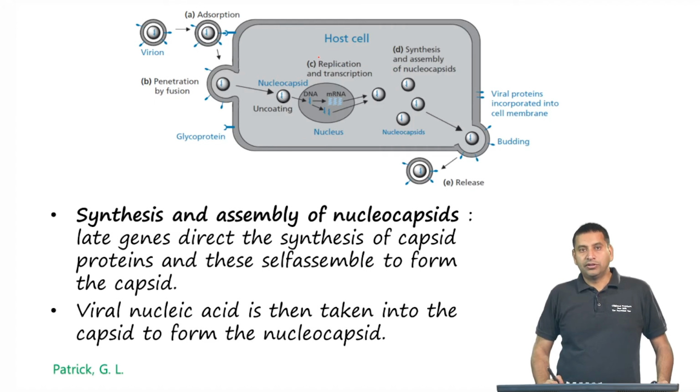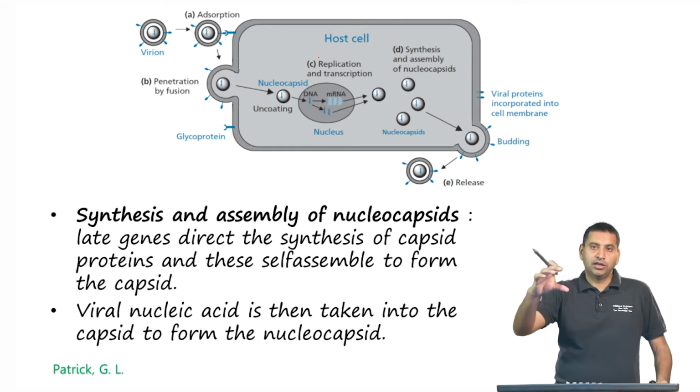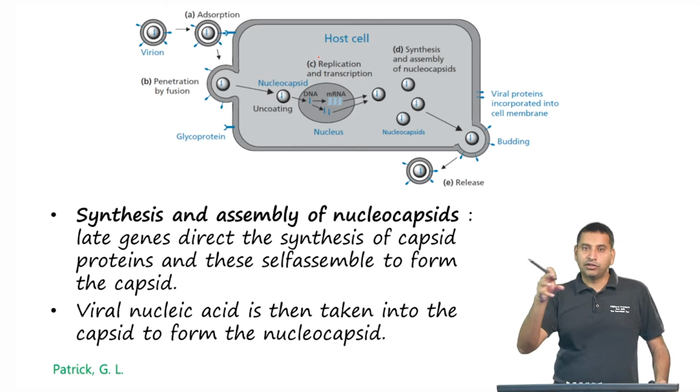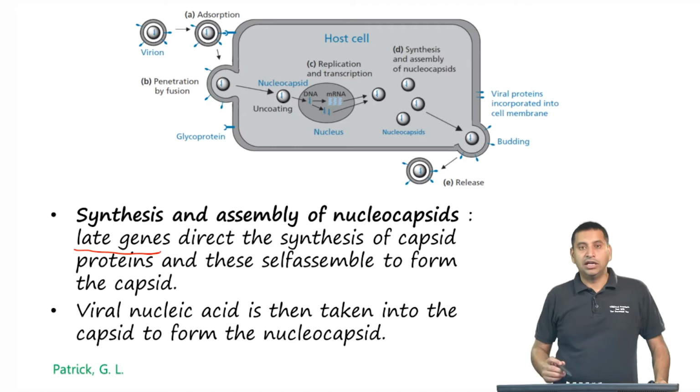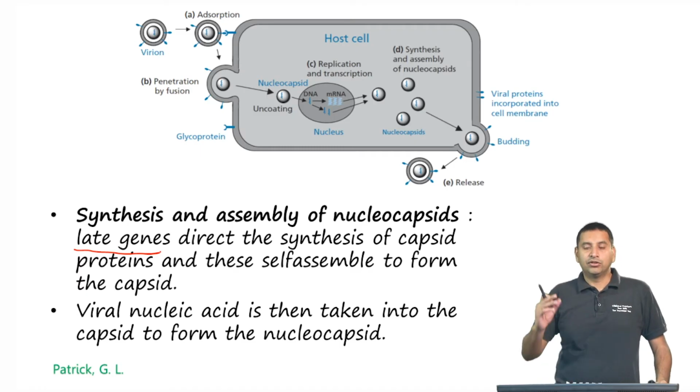Then, after these proteins are synthesized, you have the synthesis and assembly of nucleocapsids. We already discussed that the nucleocapsid is the outer layer which is important for holding the nucleic acids, and these are also synthesized by the so called late genes. The late genes direct the synthesis of the capsid proteins, and then there is a process of self assembly which forms the capsid.